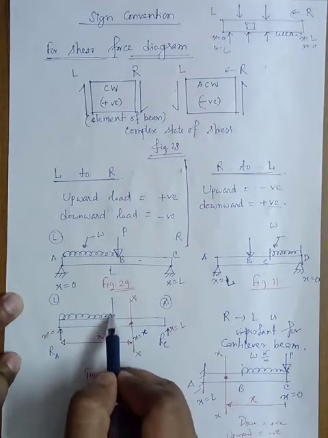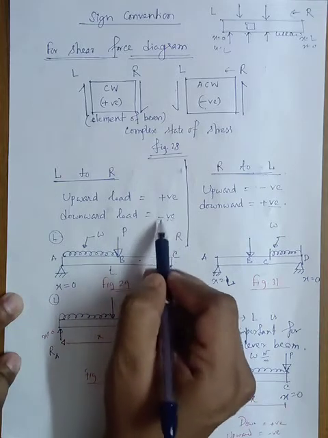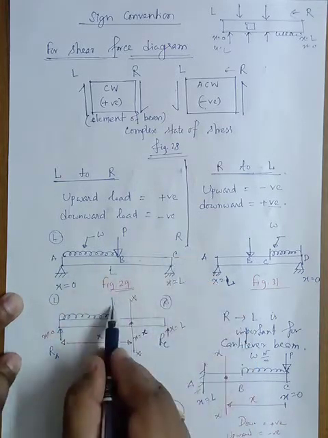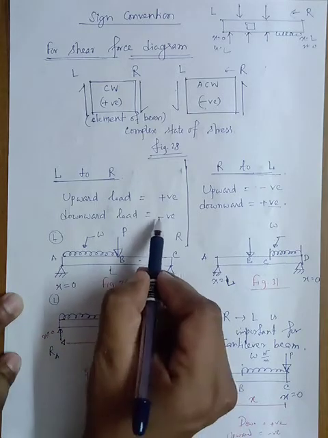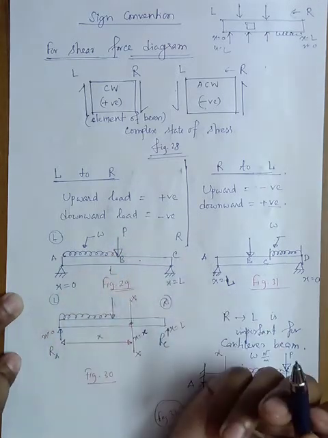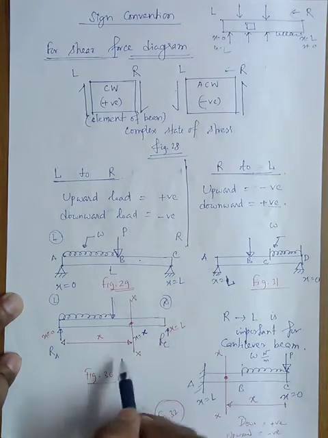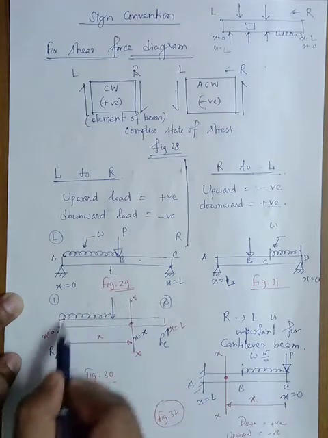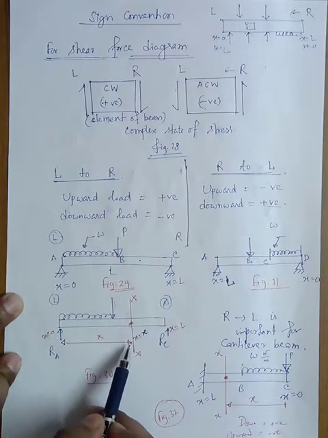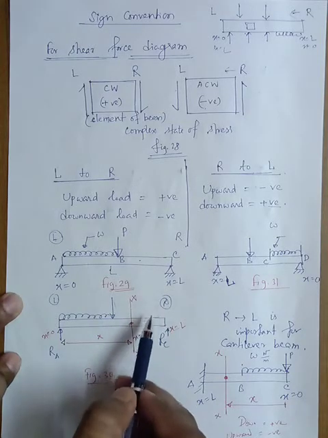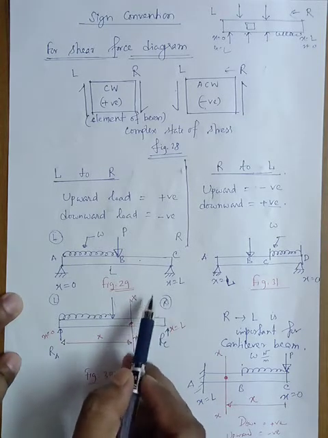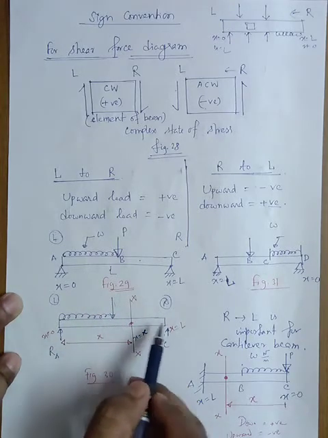Then this is another downward load, so you need to consider this point load as negative. By this sign convention, you will be calculating the shear force and selecting the signs of the forces.